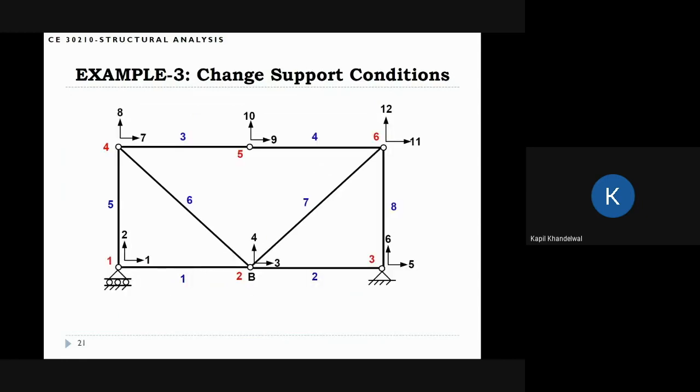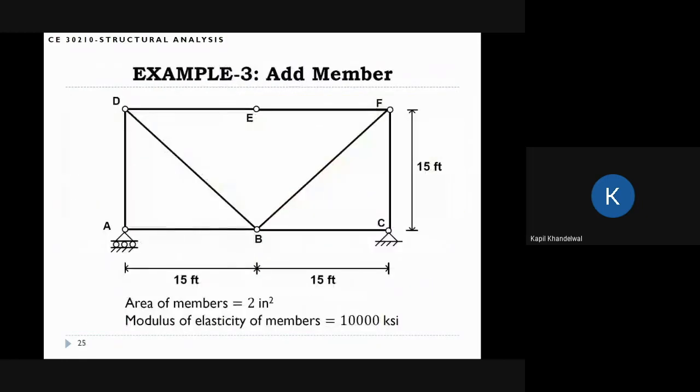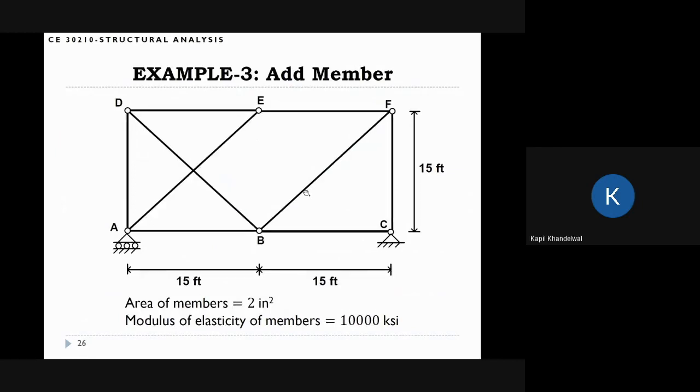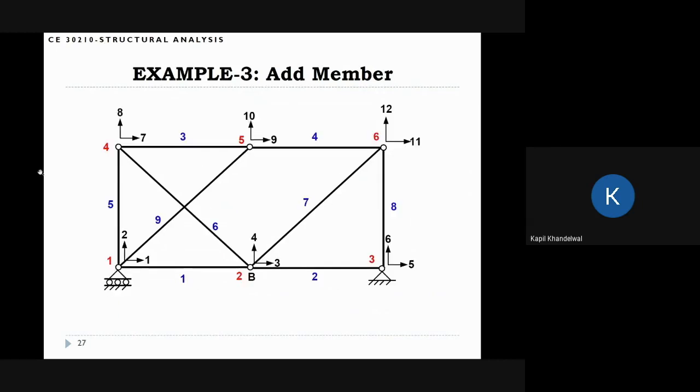So let me go forward. We can add different kinds of members. Here I'm going to add one member that goes from A to E. And I'm hoping that this is able to fix the problem of stability in this system. So let's see what's going to happen here. Again, degrees of freedom and node numbering, nothing has changed here.